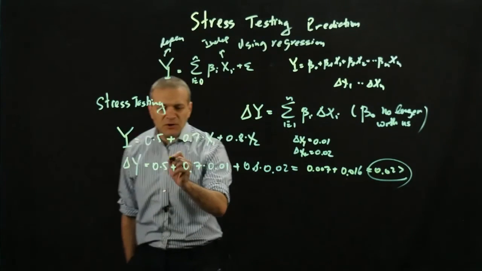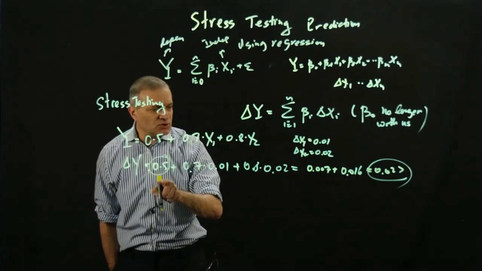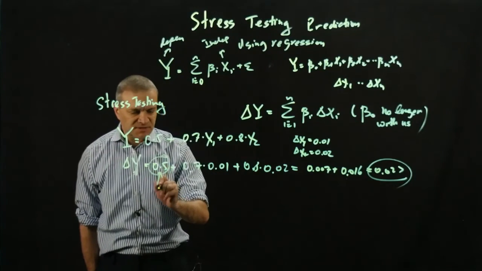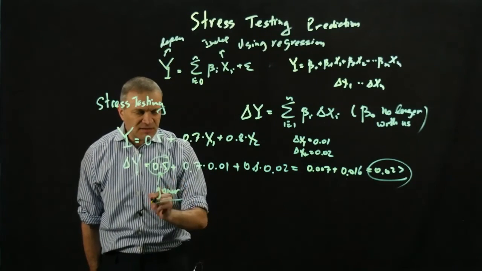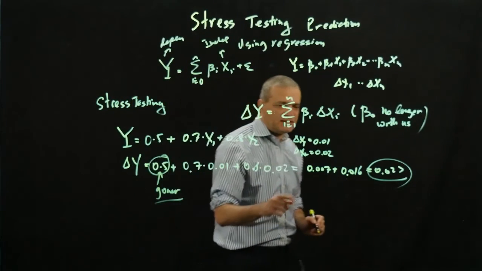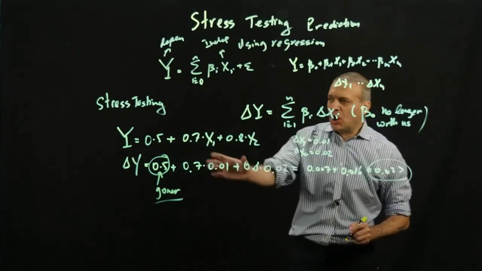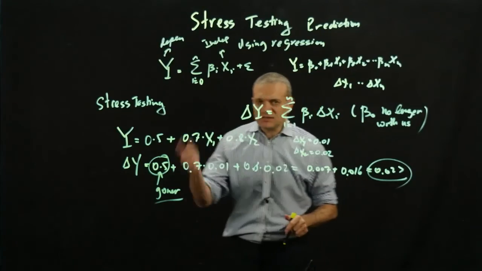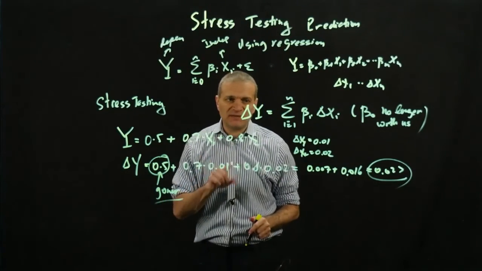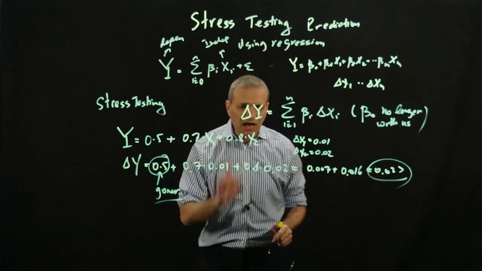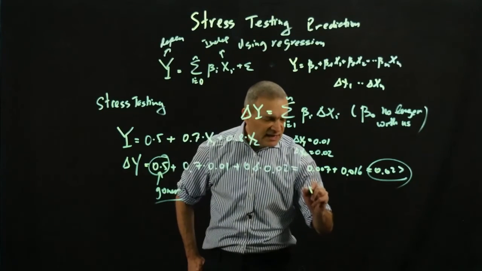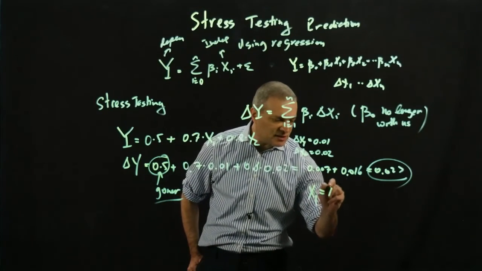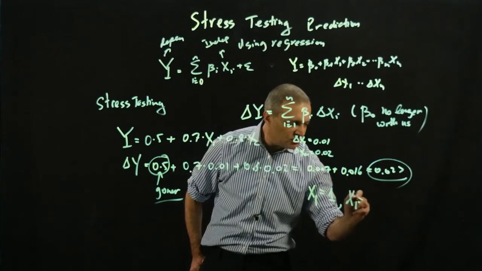Now, the 0.5 is a goner when we look at changes. The intercept doesn't participate when we look at changes. Only the betas participate. This is contrary to what you have when you try to predict. If you try to predict, you say x1 equals, let's say, 1, and x2 equals 2.